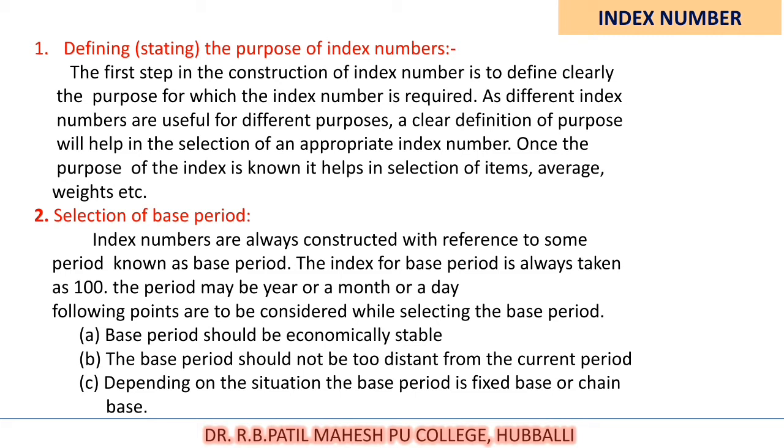What will happen? The consumption pattern of the people may change with time, so we will not get a correct picture of the comparison. That's why the base period should not be too distant from the current period. And the third one is that, depending on the data or the situation, you have to choose whether the base period is fixed base or chain base.